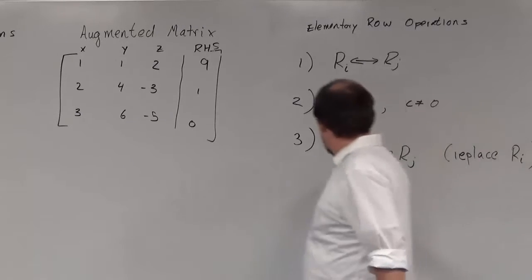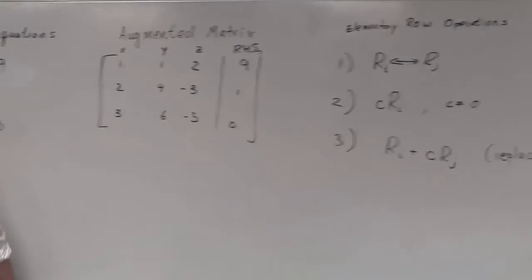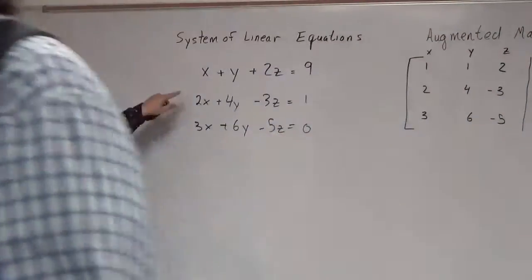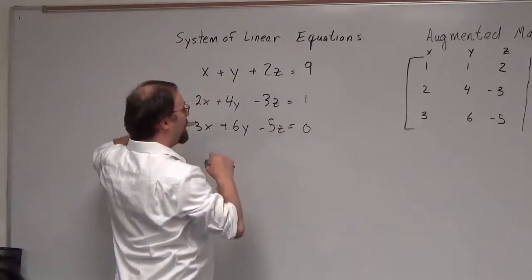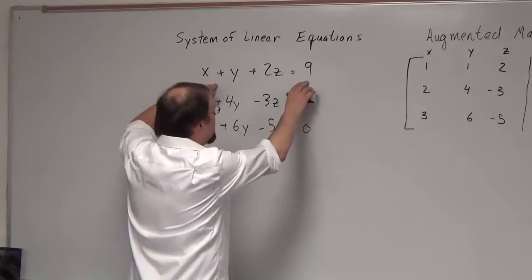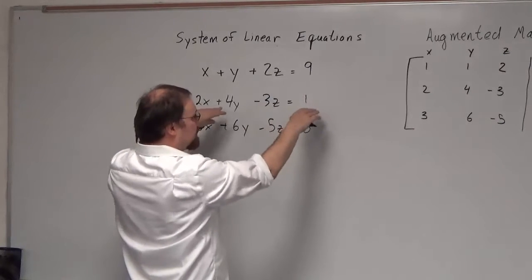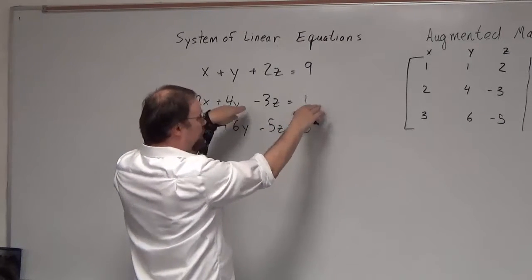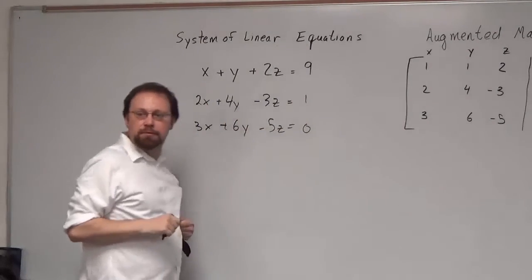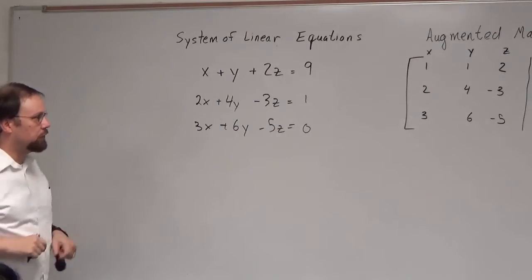And why does this not change the solution to the original system? Well, because when you multiply a row by a number, you're just multiplying both sides of the equation by the same quantity, and then you're adding the same quantity to both sides of another equation, right? So it's just like you're adding the same thing to both sides of the equation, so it doesn't change the system.